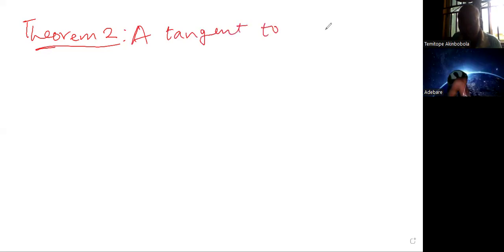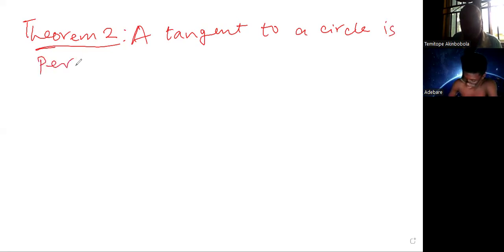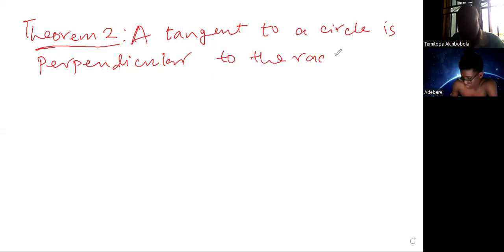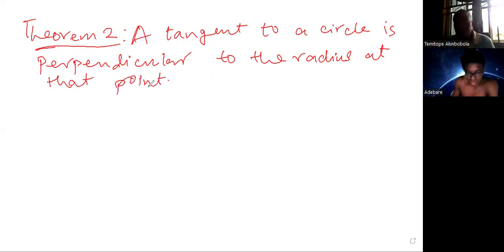But in my own case here, I'm going to define theorem 2 as a tangent to a circle. A tangent to a circle is perpendicular to the radius at that point. So what does that mean?